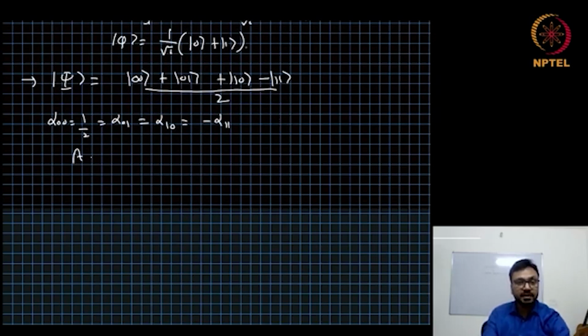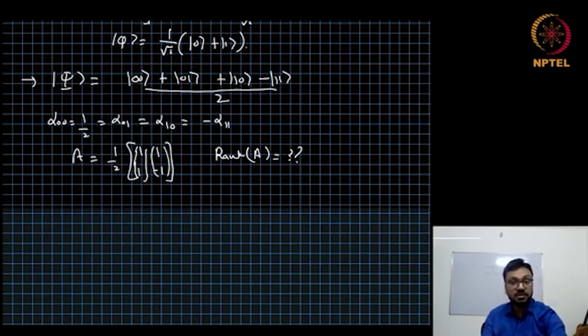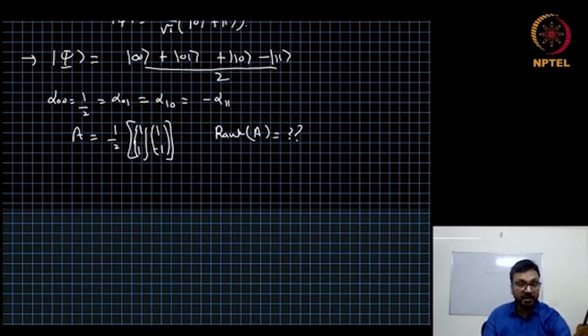So the matrix A becomes 1 over 2 times 1, 1, 1, minus 1. What is the rank of this matrix? Here again we see that one of the columns is 1, 1 and the other column is 1, minus 1. These are actually orthogonal to each other. So there are two independent columns, and similarly two independent rows. So the rank of the matrix A is 2, which is not equal to 1.